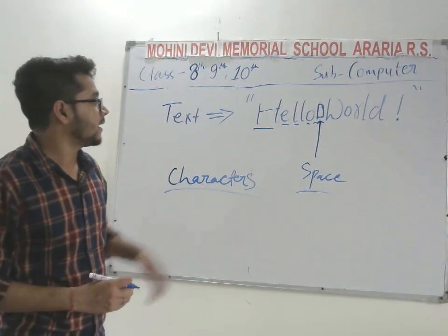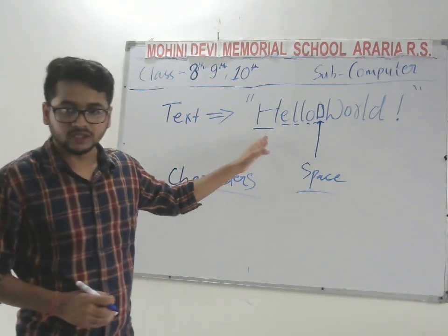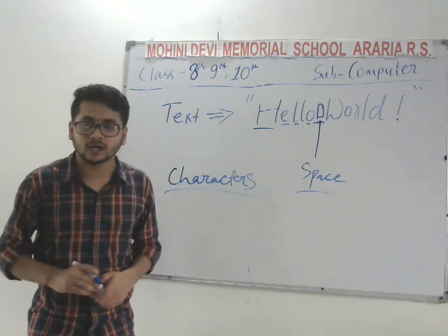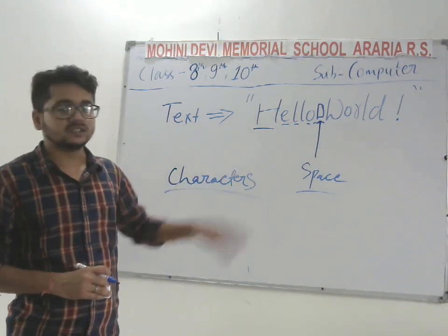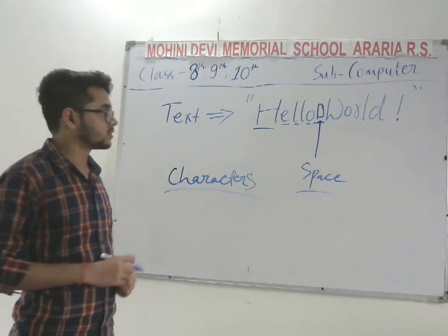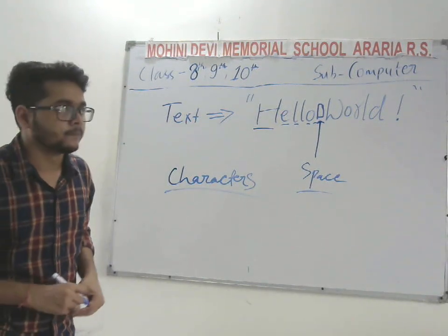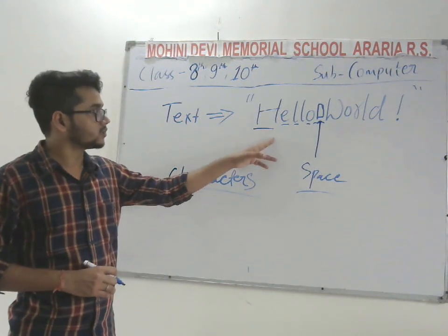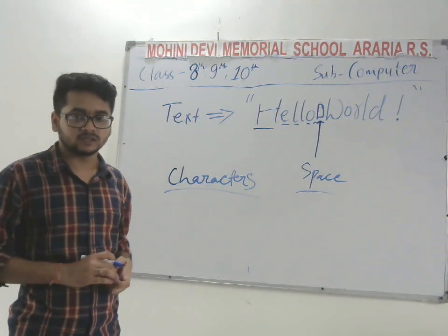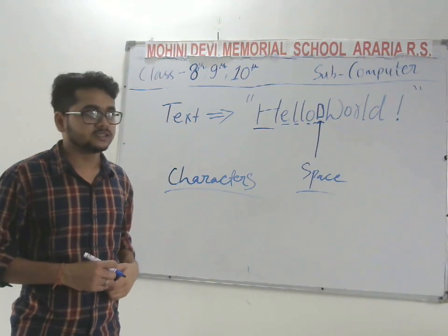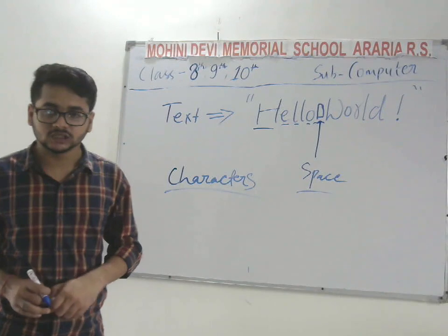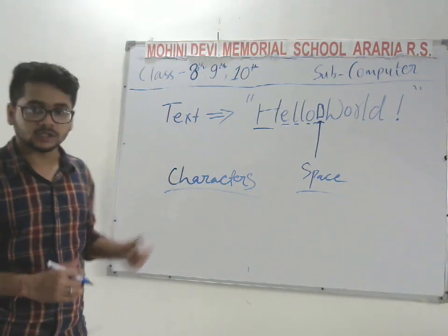So each text can be set as group of characters, and since we know how to represent a character, we can easily represent all the text, different formats of text using the same concept. That is, for each character we have group of characters, and each character is represented by its binary string or the binary conversion as per the ASCII representation. So that is the text. Easy.